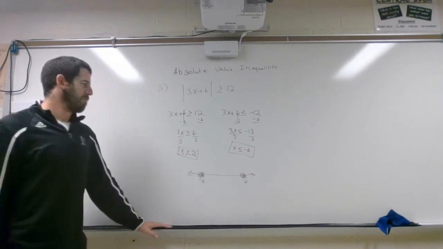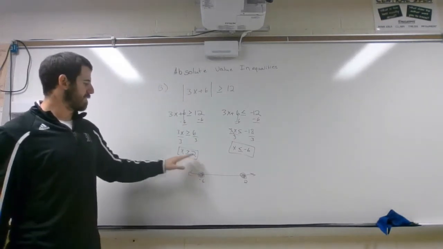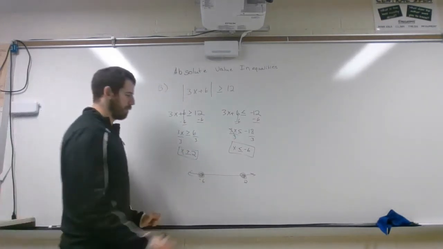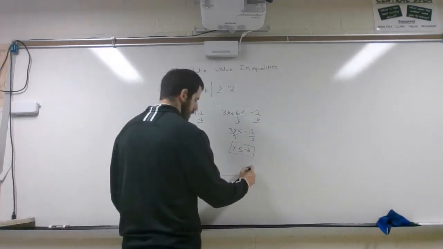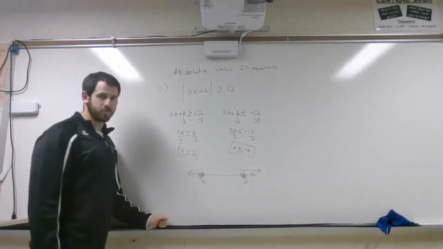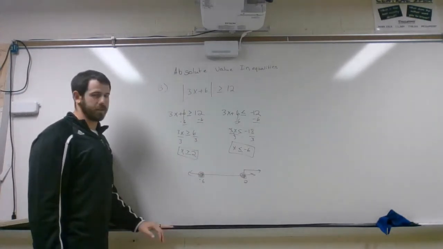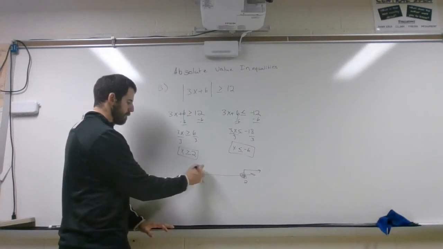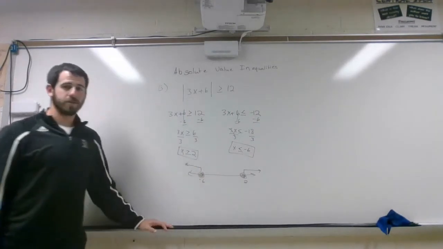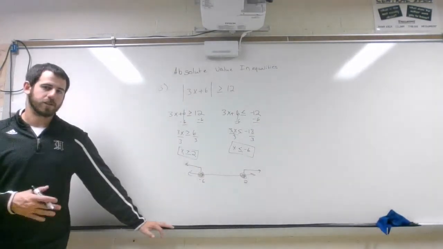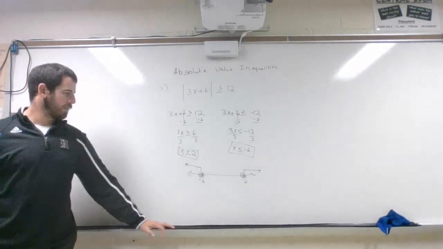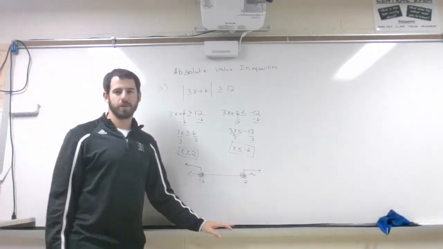Now, this one, x is greater than or equal to 2, that one's going to go to the right. And then x is less than or equal to negative 6, that one's going to go to the left. Now, since there's no common area, you don't need to necessarily shade something else. These are obviously just going away from each other.